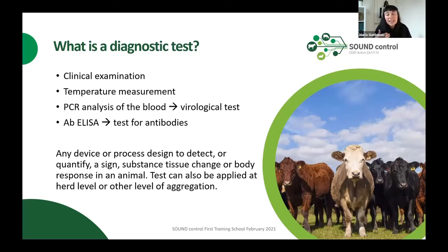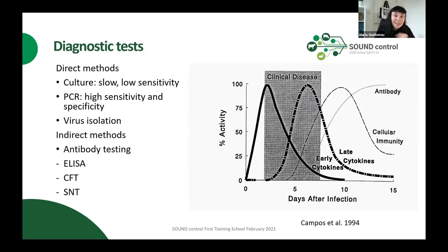And the characteristics of a diagnostic test are key to assess what the data quality is going to be of our research when we apply them. So we need to understand them a little bit, and that's why I'm going to talk also a bit about inherent characteristics of the test.